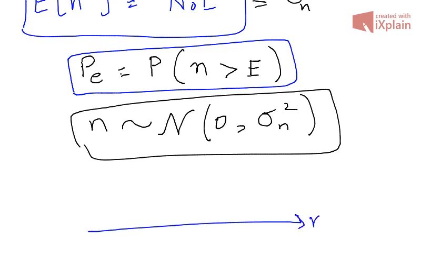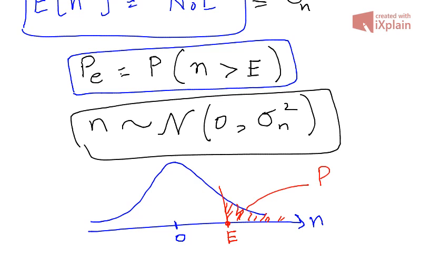It is a bell-shaped PDF with mean 0 and variance sigma n squared, and suppose this point is E. We are interested in finding this area, which gives us the probability of error, from the expression that n is greater than E. So n is a random variable, normally distributed, and it is greater than E. E is some value here, the signal energy, always positive.